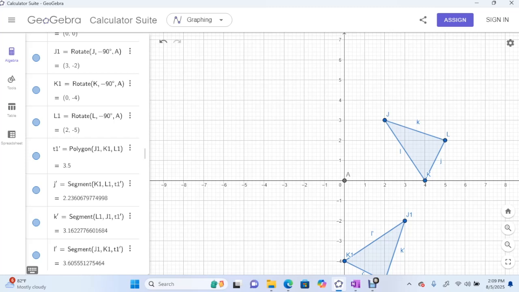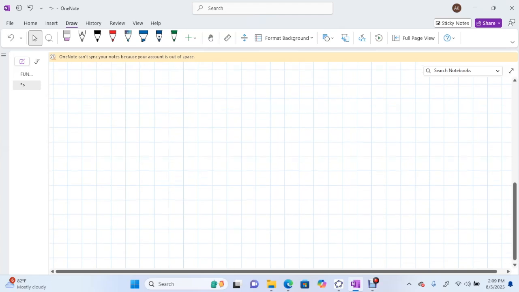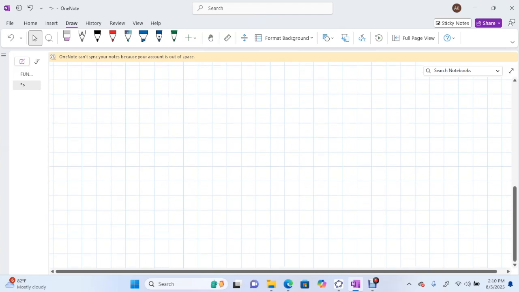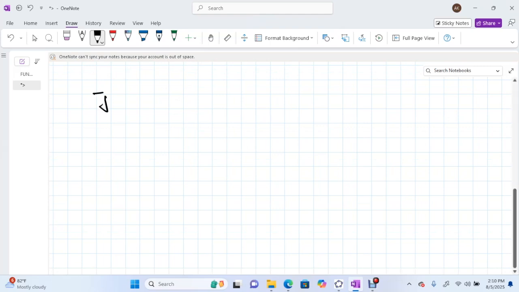So what it means is the y coordinate is not going to change, but the x is going to be negative. So let's go ahead and do that here on OneNote. We had the point J, a point K and a point L. J was 2, 3.